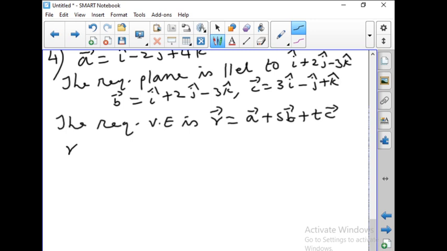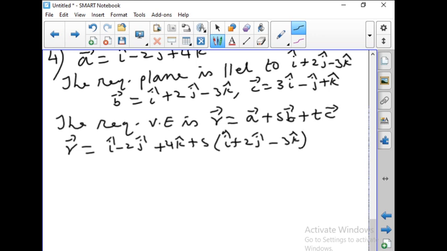That is, R vector is equal to i cap minus 2 j cap plus 4 k cap plus s into (i cap plus 2 j cap minus 3 k cap) plus t into (3 i cap minus j cap plus k cap).